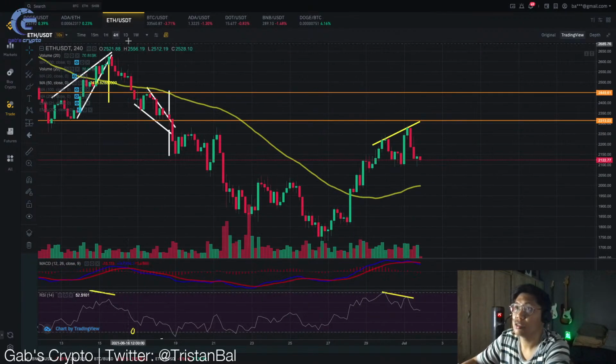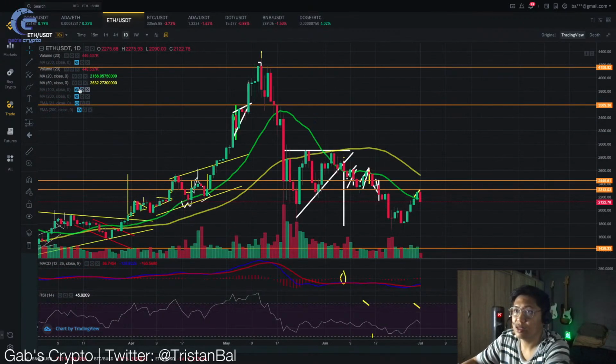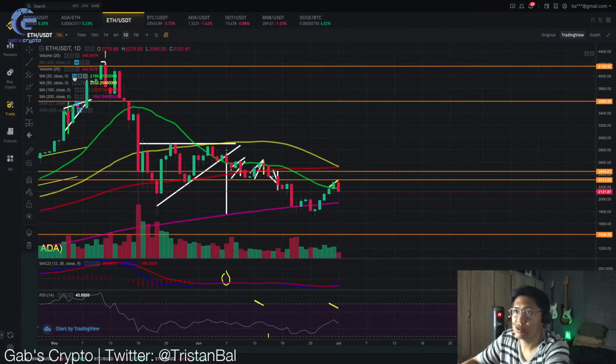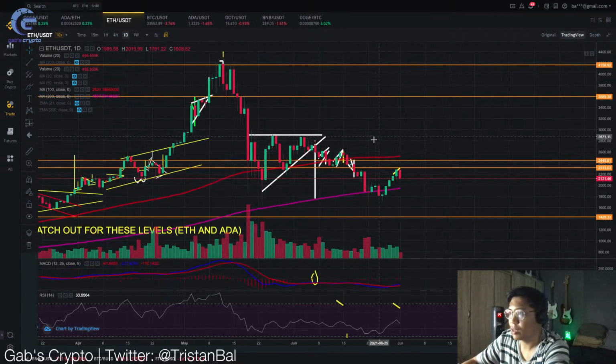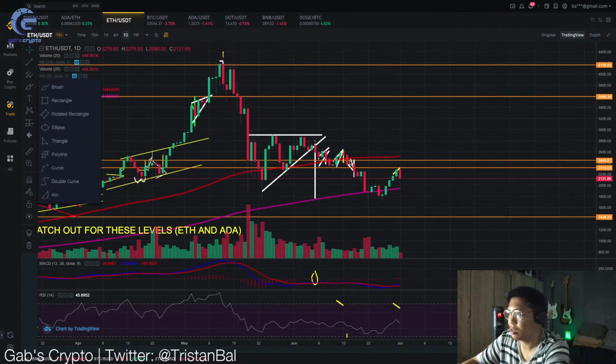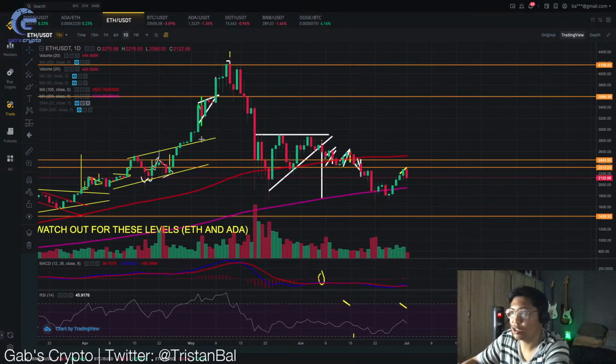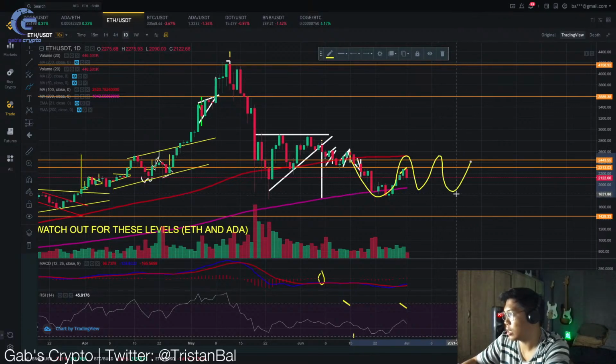But in the daily time frame, if you look at the 100 and 200 moving average, Ethereum can still play around this area, which is around 1,850 up to 2,300. That's the possible area where Ethereum could play out.